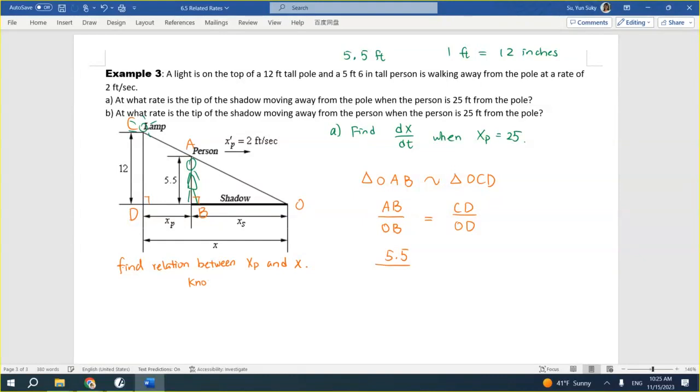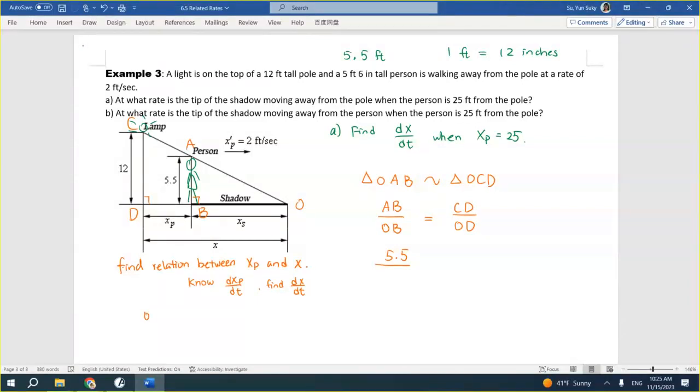Because we know the dXP/dt and we want to find the dX/dt. So that's why we want to find the relation between XP and X.